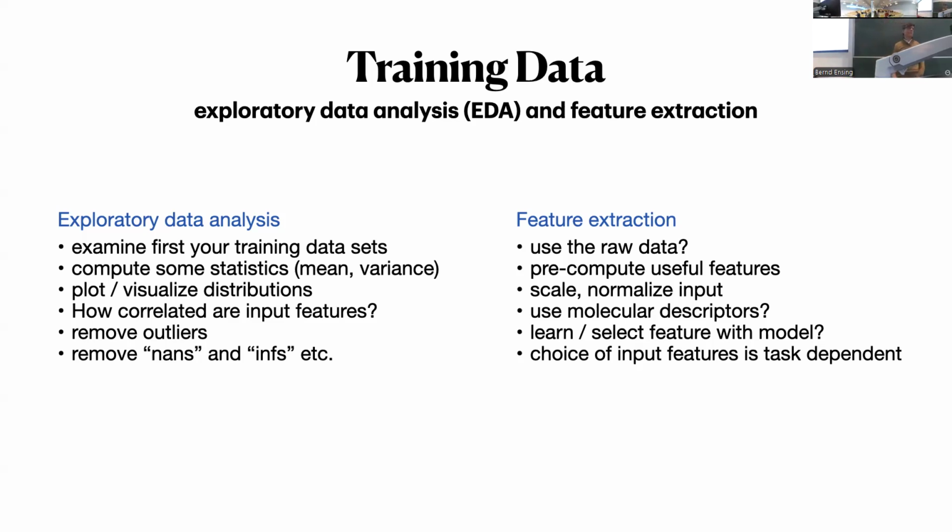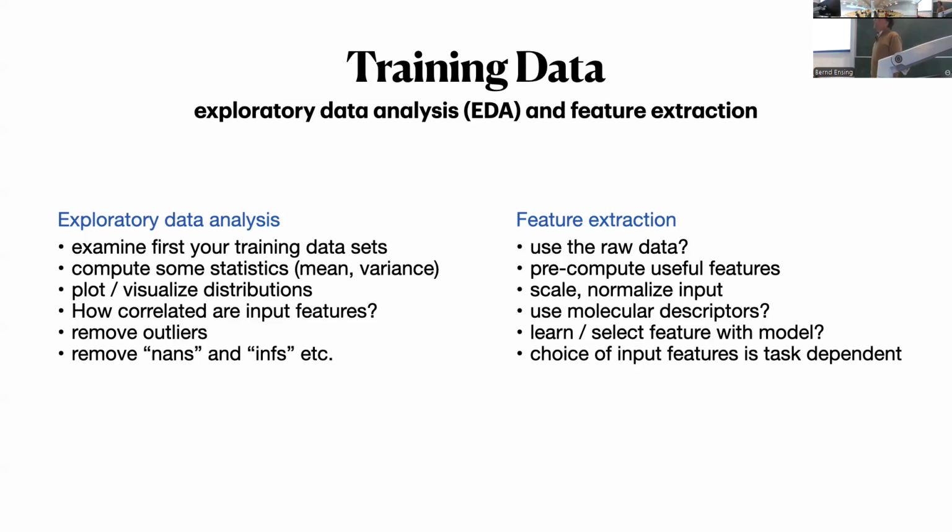For example, suppose that you have coordinates of molecules, but the molecules are not translated with respect to some zero of some coordinate system. Then maybe translate them. If you have pictures of cats that you want to learn from, it's a good idea to make sure that the cats have all the right lighting, and the cats are nicely in the middle of the picture with more or less the same size. That usually helps the machine learning algorithm a lot. So you may want to scale or normalize the input.